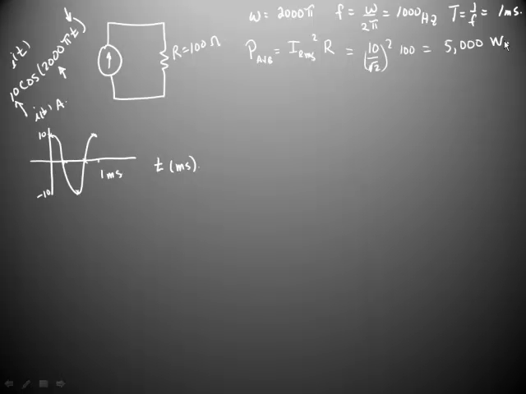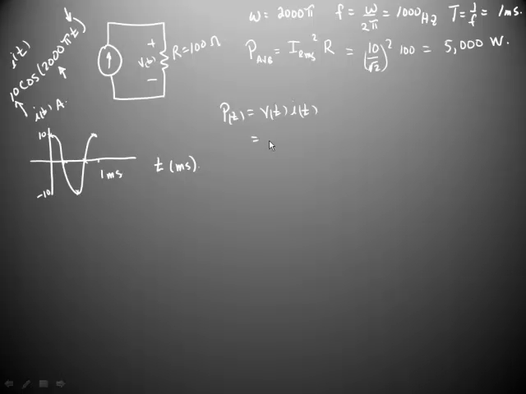A little bit more rigorous way to do the average power, and we're going to have to do this anyway because we have to sketch the power waveform as a function of time, is to go ahead and start with the basic relationship for power. That's the voltage waveform, V of t, times the current waveform, I of t. To find the voltage across the resistor, V of t, we can use Ohm's law.